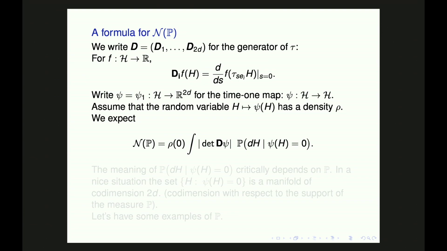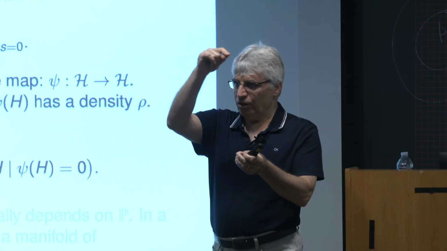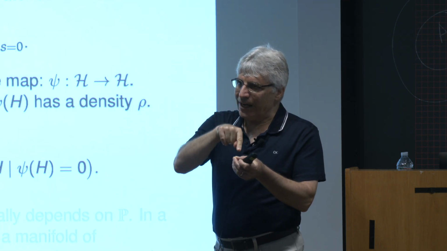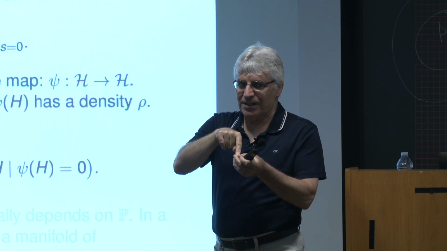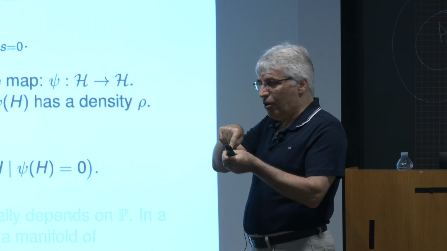Why do I condition on psi of h equals 0? Because remember, psi h is where you land if you start from the origin. So you start from the origin, and you want to know where you land after 1 unit of time. But if you land at 0 again after 1 unit of time, that means 0 is a fixed point for your flow.